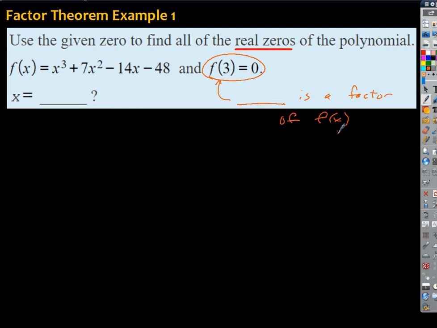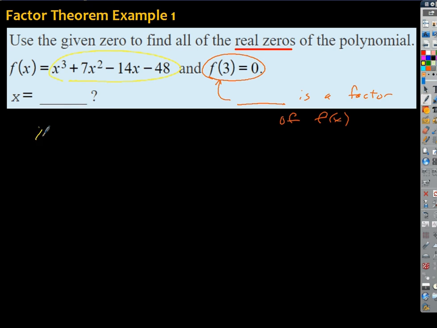Well, so, but I mean, what's a factor of f of x? So what's a polynomial that's going to divide evenly into f of x? If f of 3 is 0, then what's something I could divide x cubed plus 7x squared minus 14x minus 48 by? And let's just do that. We'll color code this. So let's make this yellow.